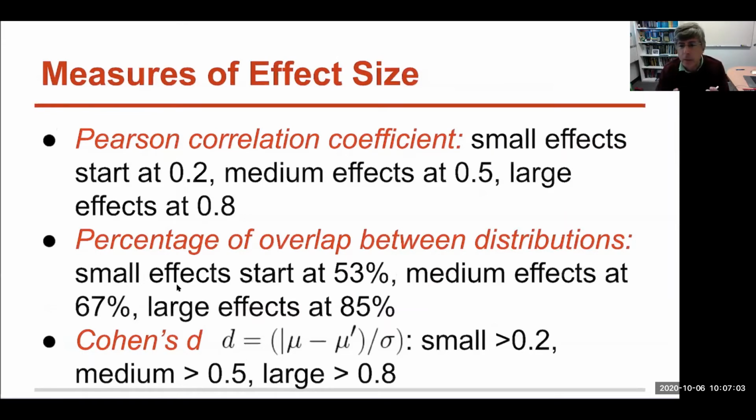That gave you the degree to which one variable would enable you to predict the other variable, assuming you have a large enough n where it's significant. If you have a correlation above 0.8, that's considered to be a large effect.